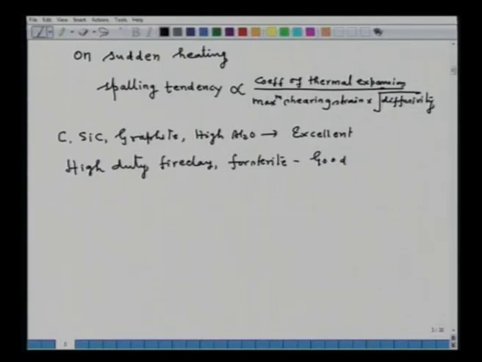Now, another important property is the thermal conductivity. Thermal conductivity of the brick determines the heat losses. It is an important property from an energy conservation point of view, but if you want to have a low thermal conductivity brick, then the brick has to be porous.